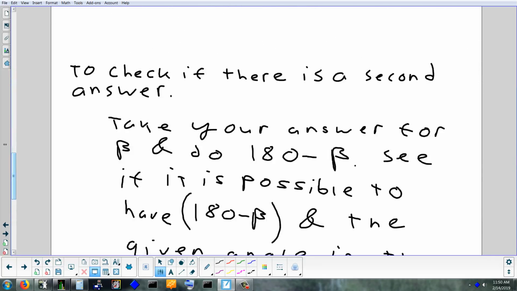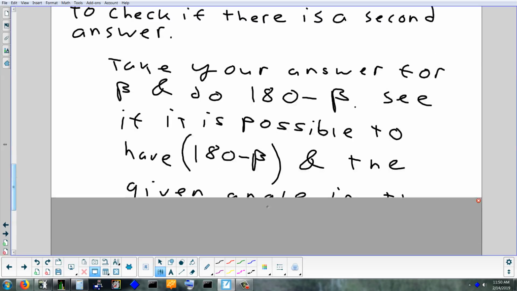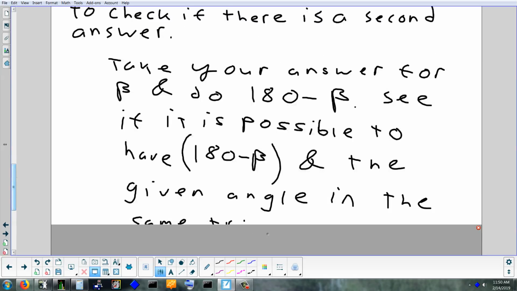So to check if there's a second answer, take the answer that you got and subtract it from 180. Why? Because that's the formula in quadrant 2. It's 180 minus your reference angle. Once you get that number, see if it's possible for the second angle to fit with the angle that was given. So we got 154. The angle that was given was 40. That's too big. That adds up to 194.